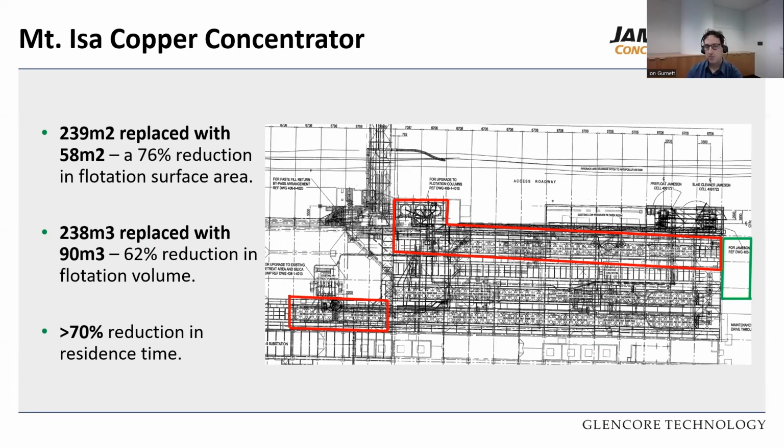Those are big numbers, but I always feel it's best to demonstrate this visually. If you look on the right here, everything in red was replaced with what's been put in green. And that's what I really want to stress when I talk about footprint savings. The cells can do everything in a much smaller area and do as well, if not better, than your existing solution.